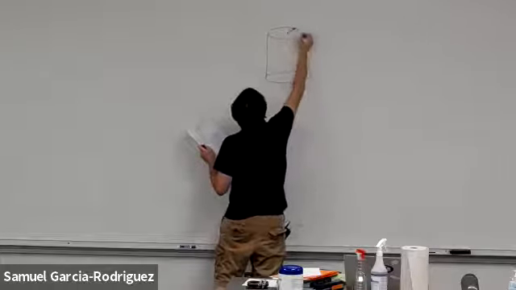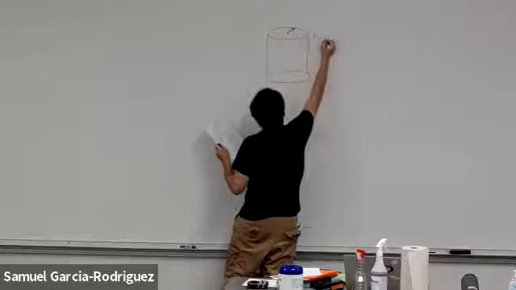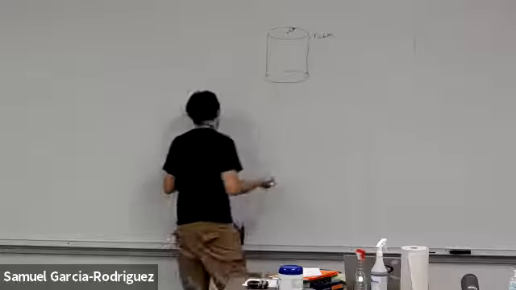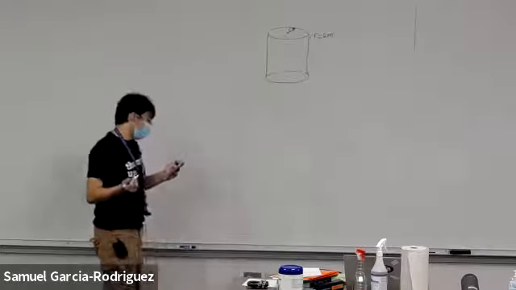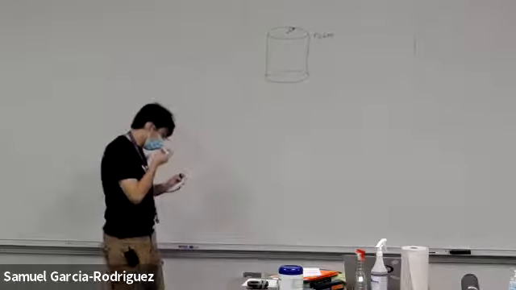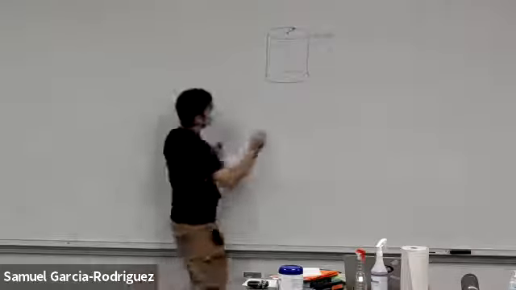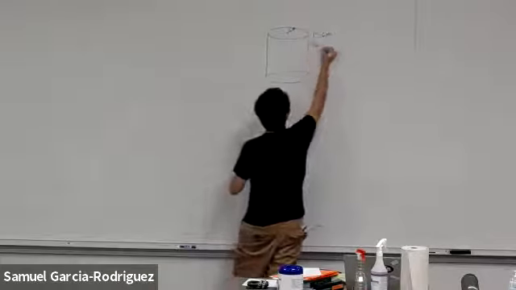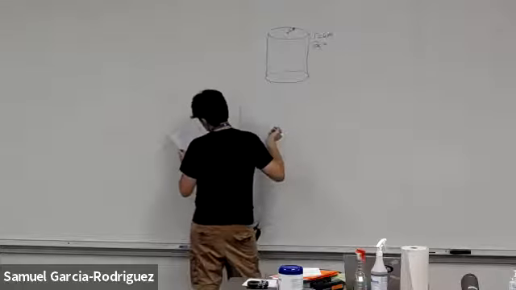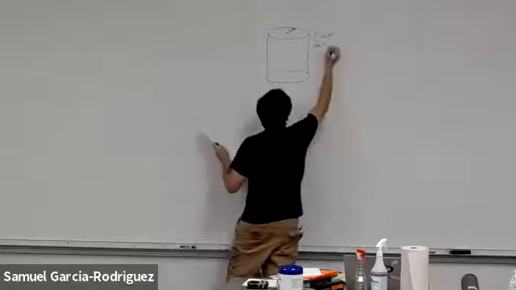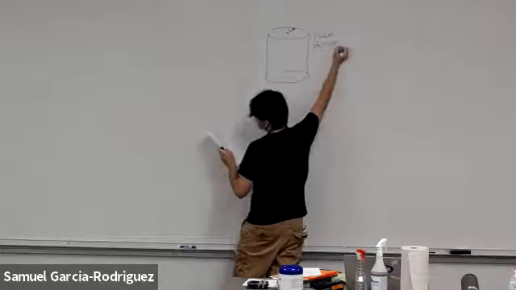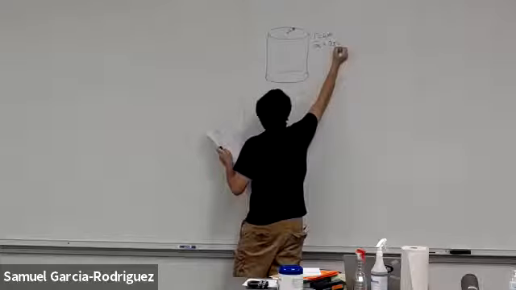Radius equals 6 meters. What is the astronaut's speed if the centripetal acceleration has a magnitude of 7.5 g?